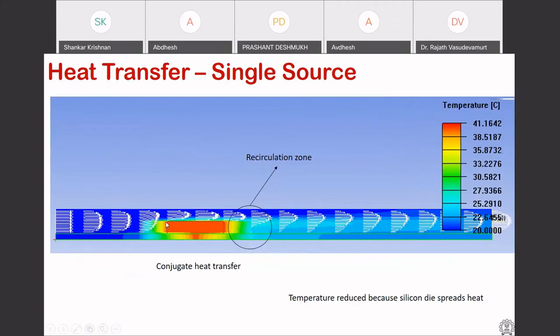Here what we have provided is the heat source, and it allows a certain surface area as well, and it allows conduction. So now the temperature has dropped, and you can see that there is a recirculation region because there is a stepped down input. There is a step profile here, so the airflow comes and this is an open space.